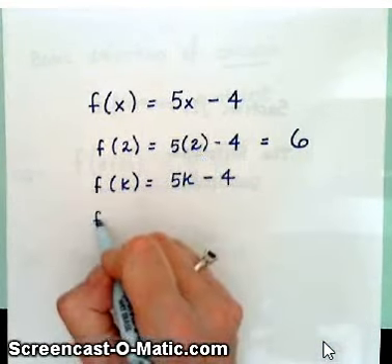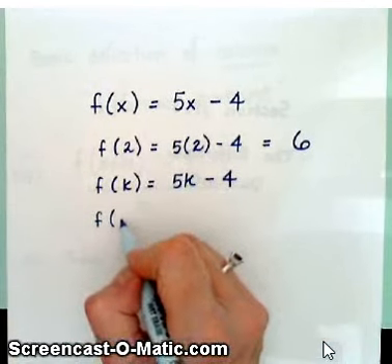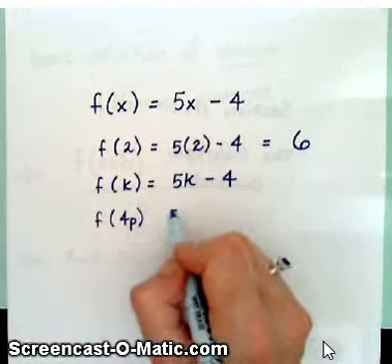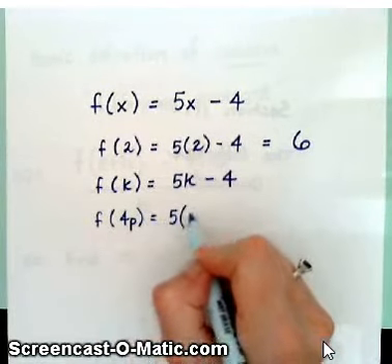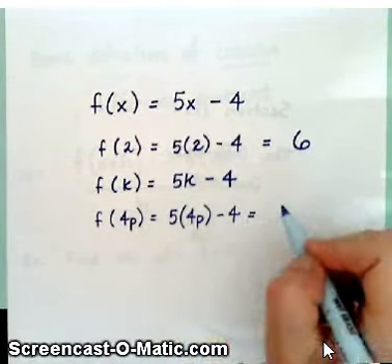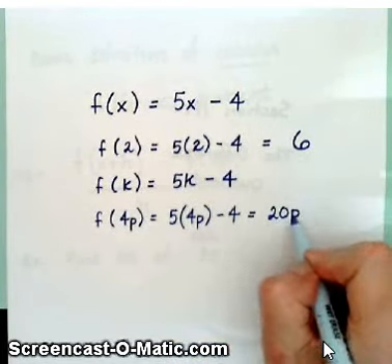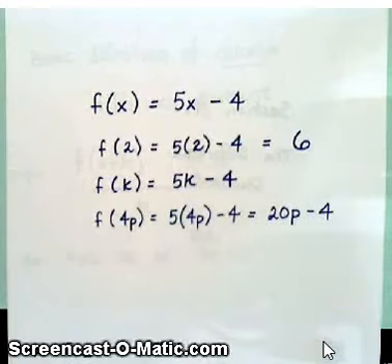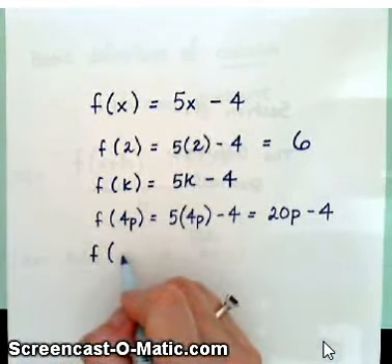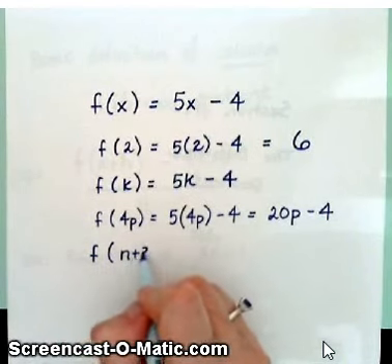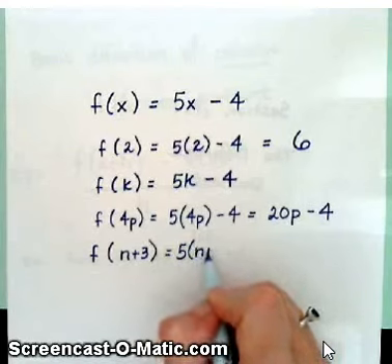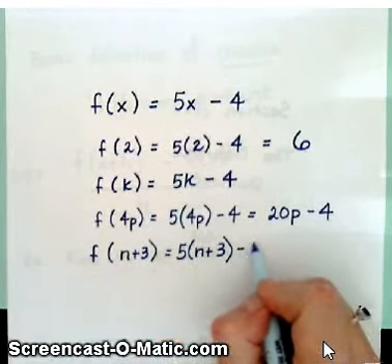If I said f of 4p, then you would say 5 times, and the variable will be replaced by 4p, minus 4, which would be 20p minus 4, and that's in lowest terms. And finally, if you wanted to say f of n plus 3, you would say 5 times n plus 3 minus 4.